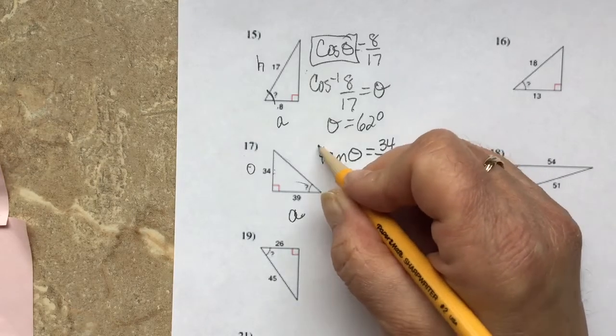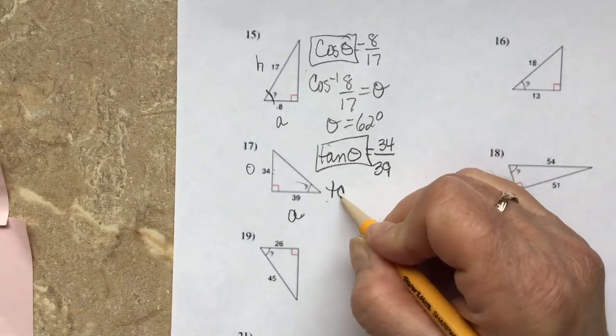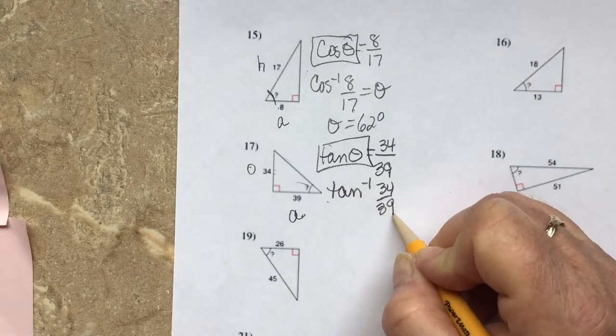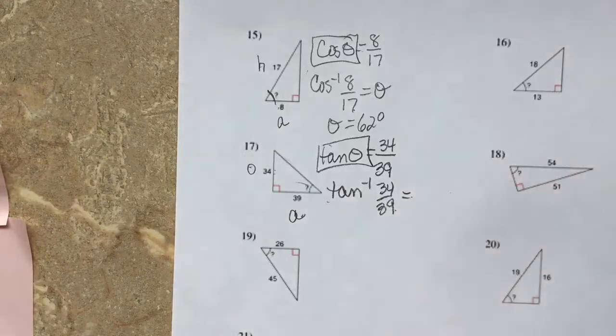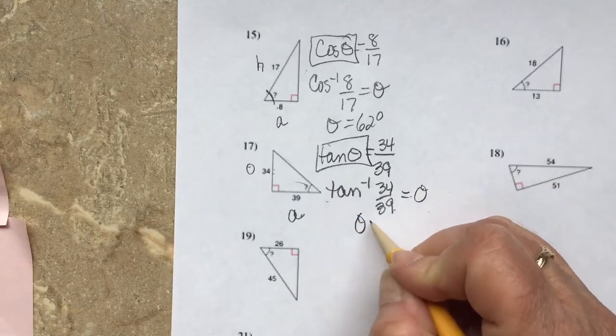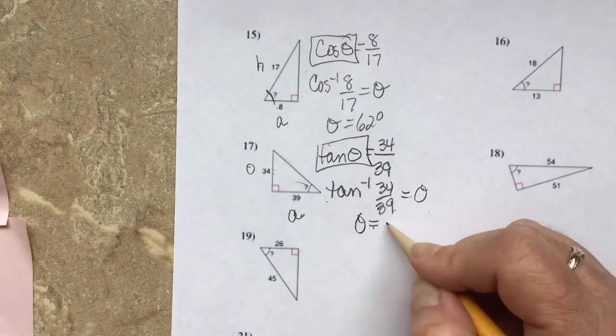Unlock the box. Inverse tangent, 34 over 39, equals. So second tangent, 34 over 39, and hit enter. So theta equals 41 degrees.